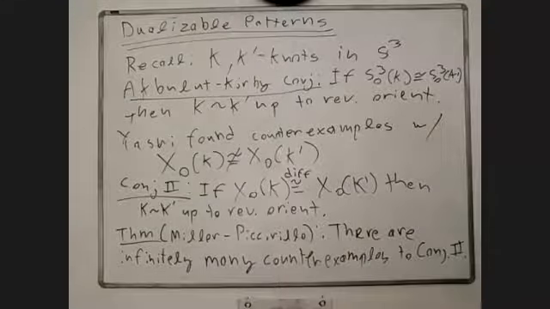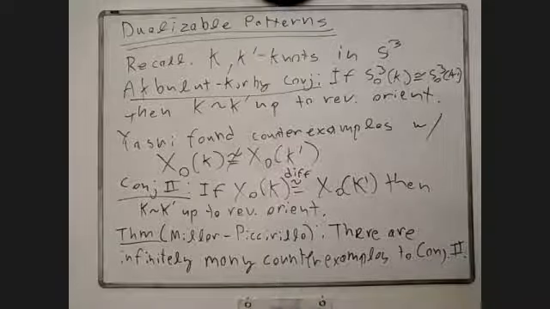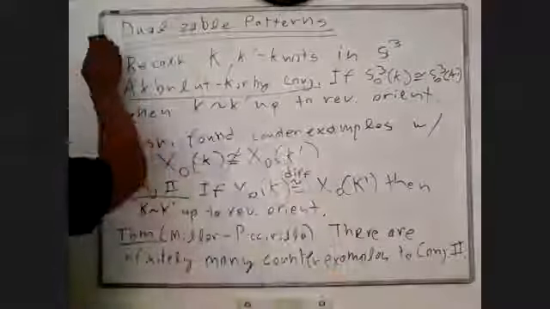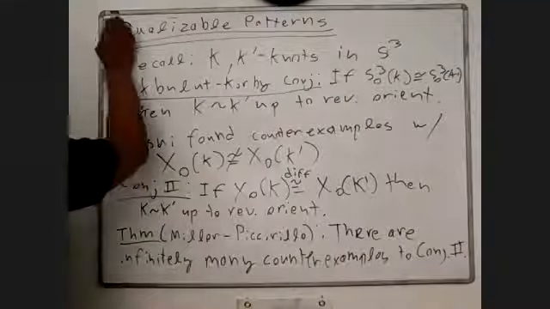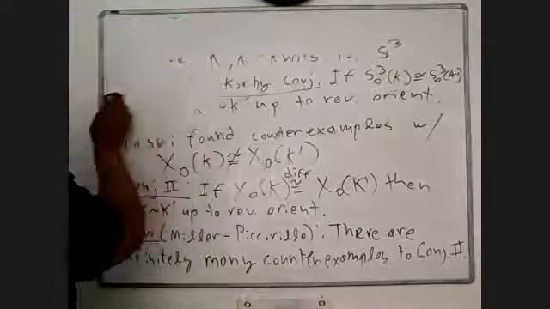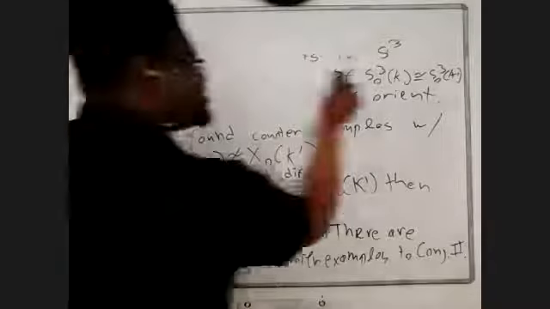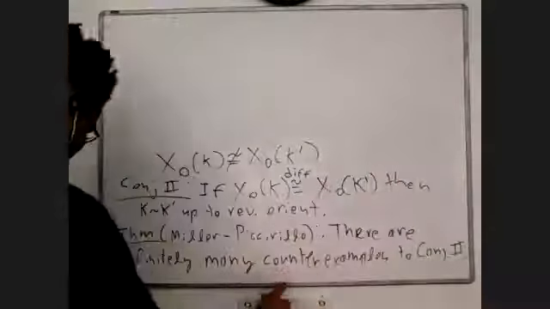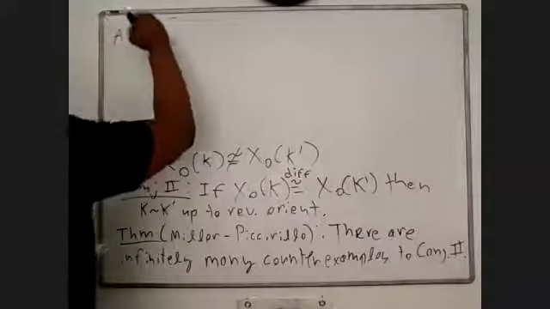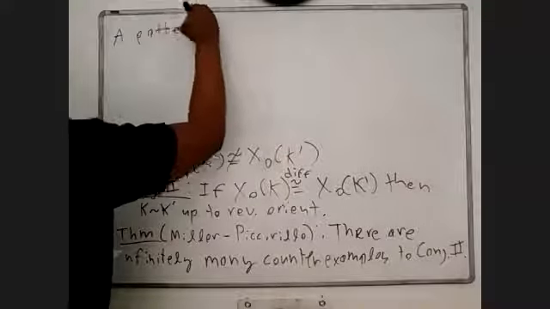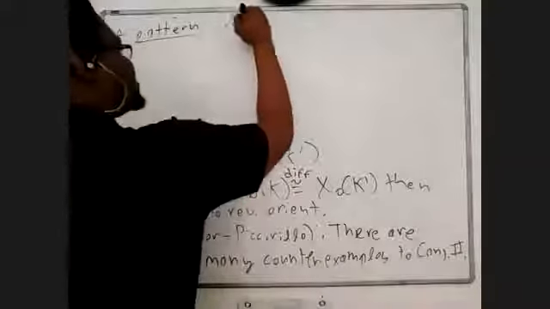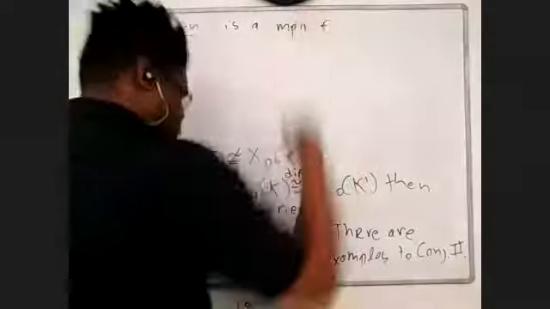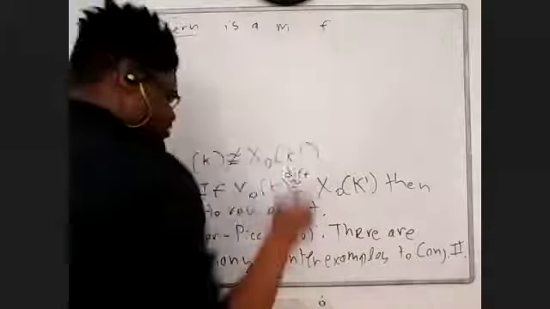All right, and so the way we're going to come up with these counterexamples is using this idea called patterns. I only have one board here, so I'm going to try to start from the top and erase to the bottom slowly. So a pattern is just the embedding of a circle into a solid torus.